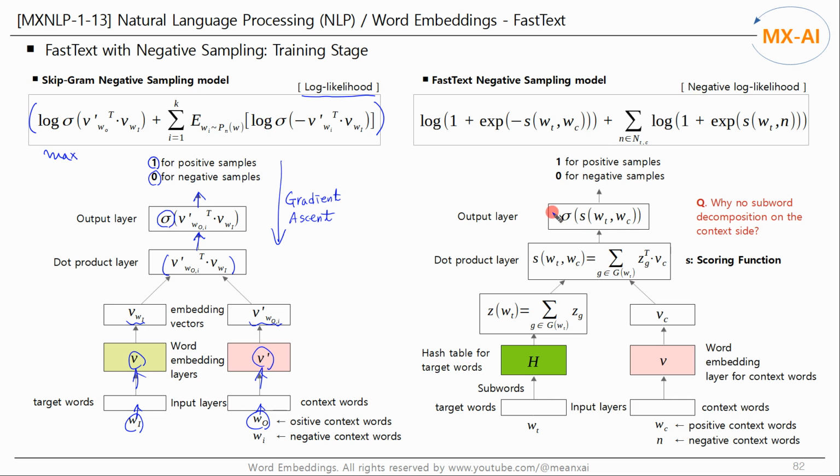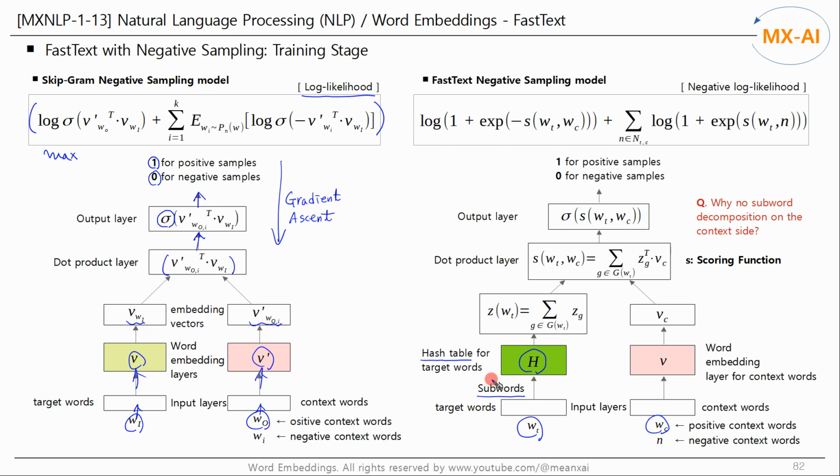Just like in Word2Vec, this model also takes a target word and a context word as input. However, unlike Word2Vec, the target word is decomposed into character n-grams, or subwords. Instead of using a standard word embedding layer, FastText uses a hash table to store subword embeddings.